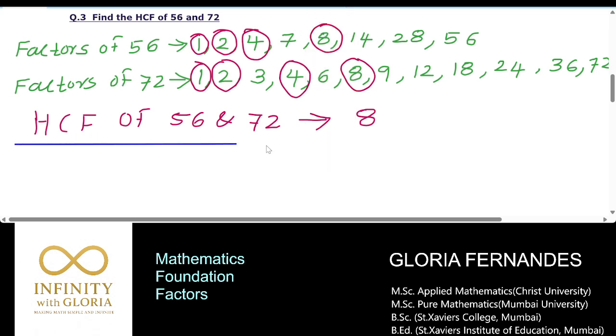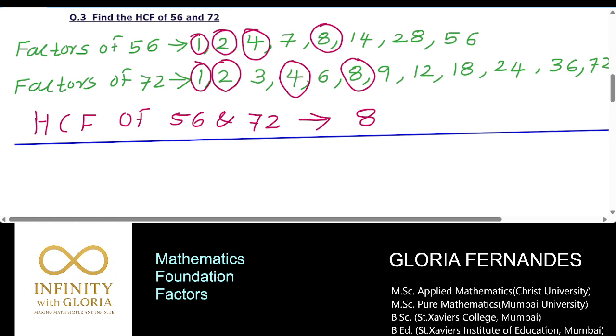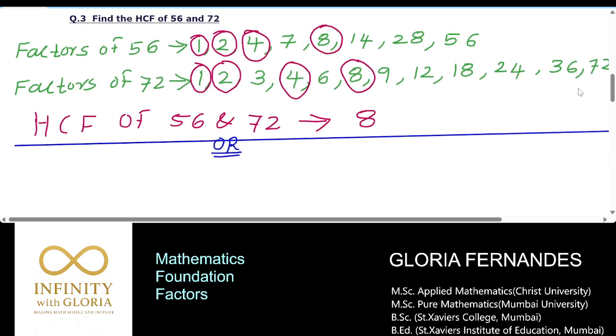Either you can opt for this time consuming method, or I'll give you a simple method. So how do you find the HCF or the GCD of 56 and 72? This is called prime factorization.